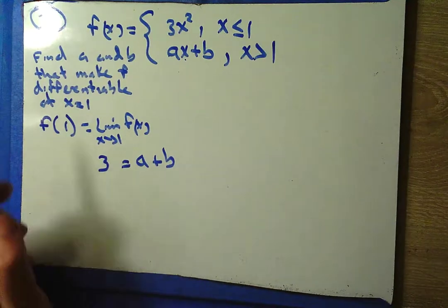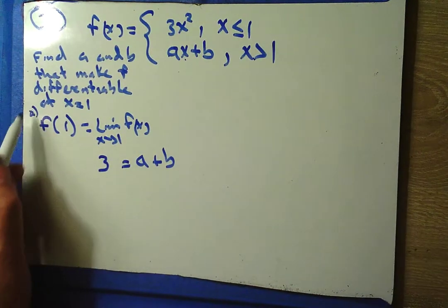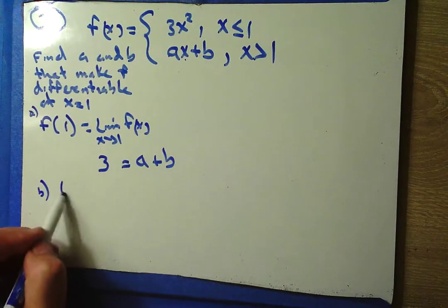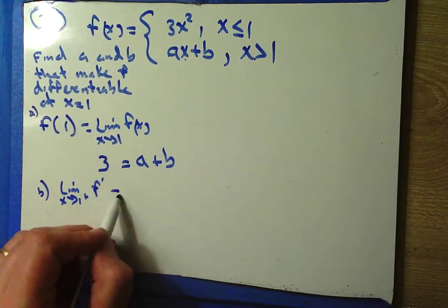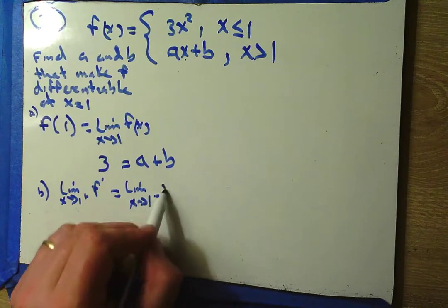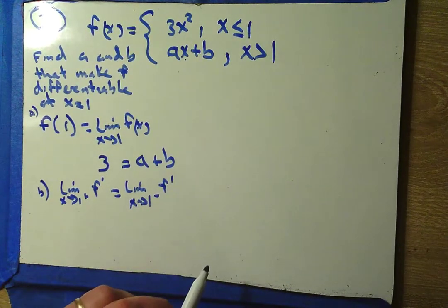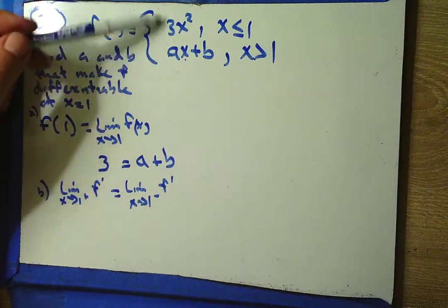Okay. What else would Delaney say we would need besides the function needs to be continuous? Well, she would also say the limit as x approaches 1 from the positive side of f prime should equal the limit as x approaches 1 from the negative side of f prime. We need the limit of the slopes to be the same. Now here we don't have to worry about using the limit definition of the derivative.